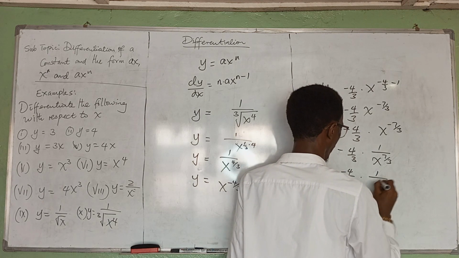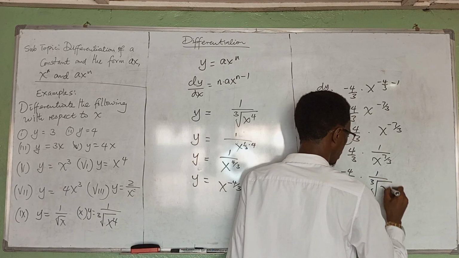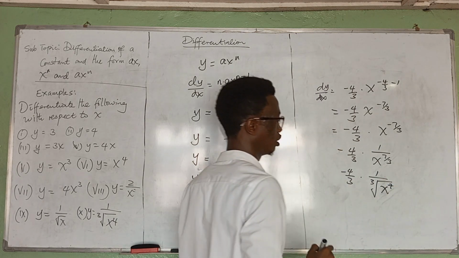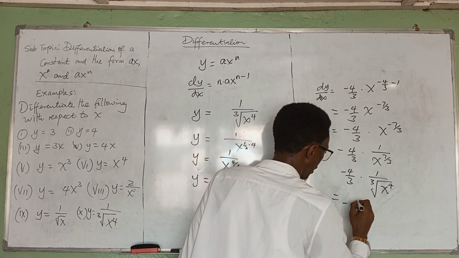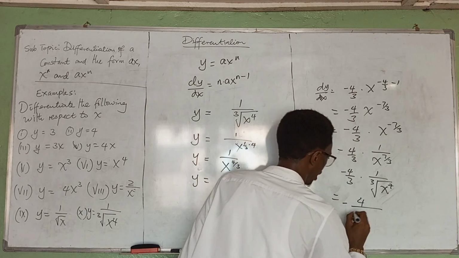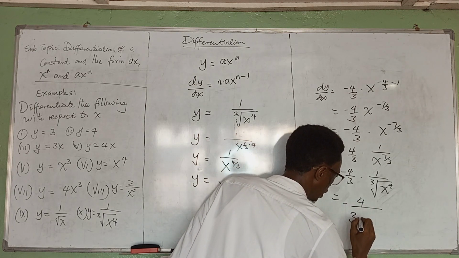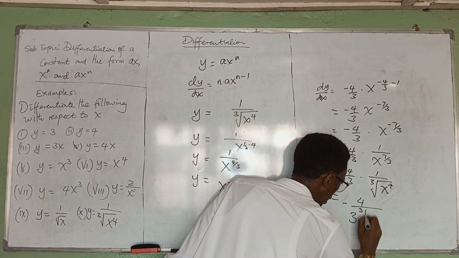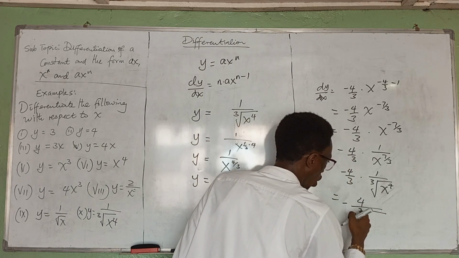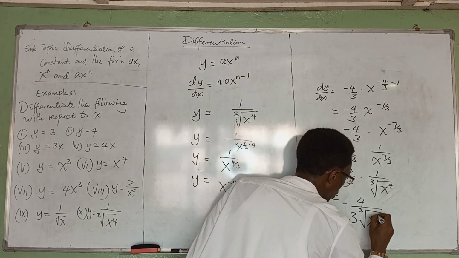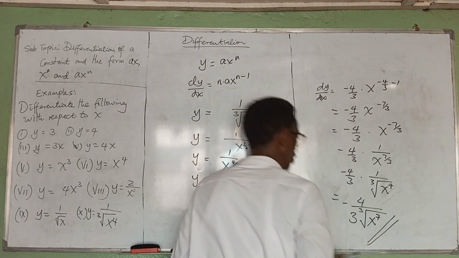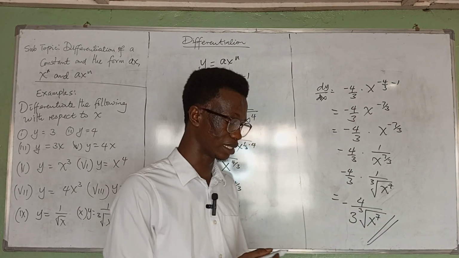This becomes 1 over the cube root of x raised to the power 7. Now if I join them together, everything here becomes minus 4 divided by 3, and then mix up these two. This is a cube root, this is just a 3, this whole number x raised to the power 7. So that becomes your answer.